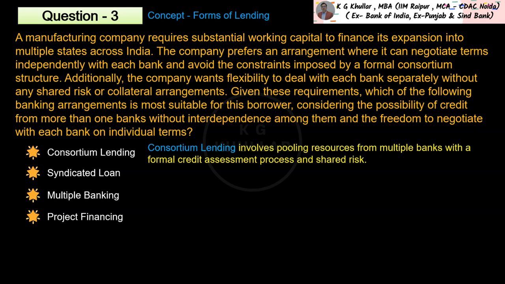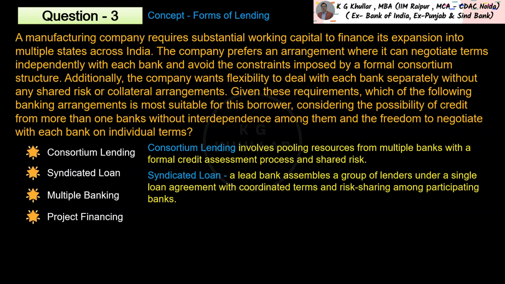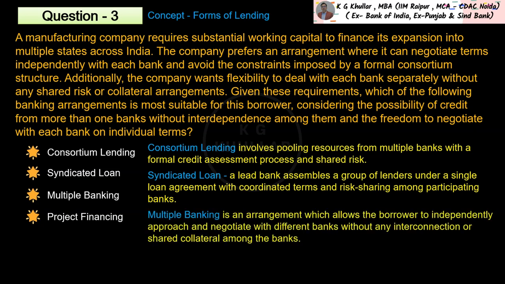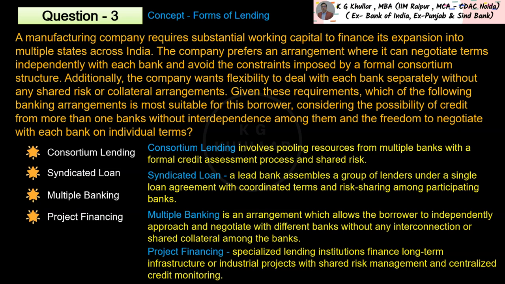Now, syndicated loan is where a lead bank assembles a group of lenders under a single loan agreement with coordinated terms and risk sharing among participating banks. Now friends, multiple banking is an arrangement which allows the borrower to independently approach and negotiate with different banks without any interconnection or shared collateral among the banks. Lastly, in project financing, specialized lending institutions finance long-term infra or industrial projects with shared risk management and centralized credit monitoring.